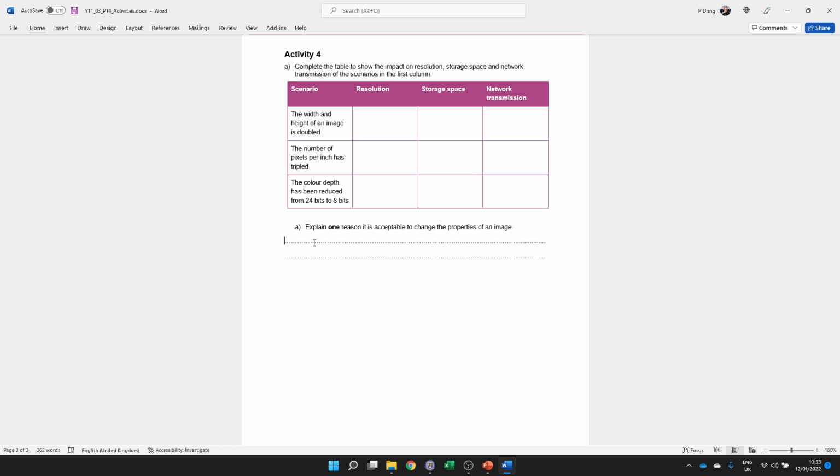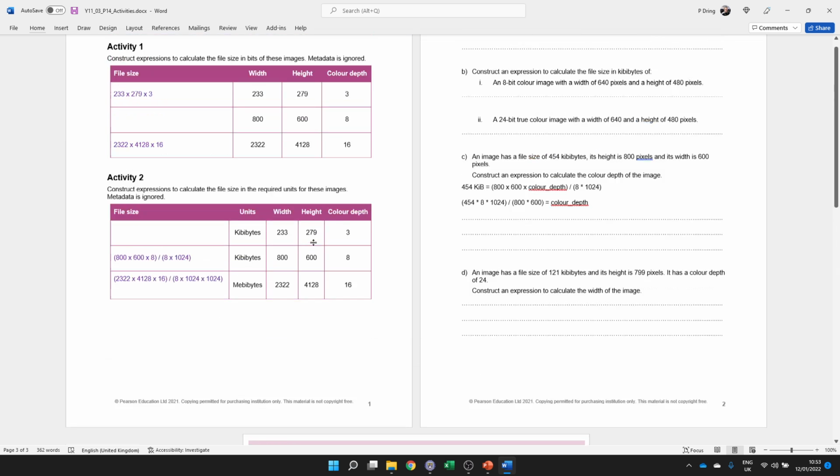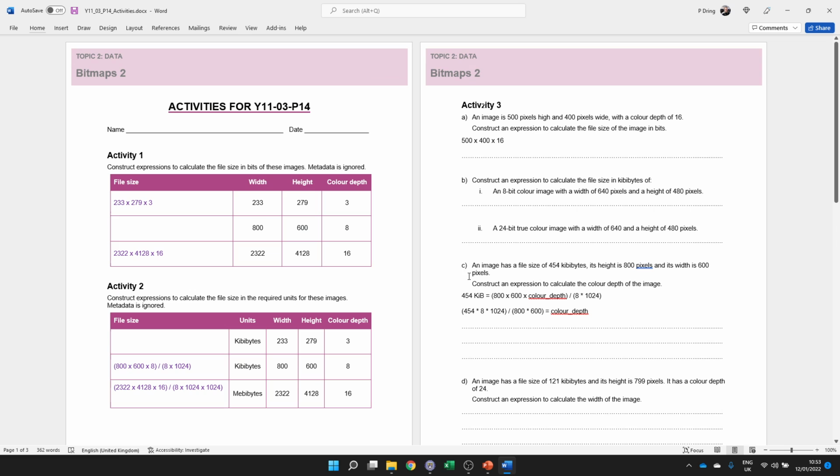The important thing from today's lesson is that you know this magic formula, which is the file size is the width times the height times the color depth in pixels divided by whatever you need to divide by to get into the required unit. So that's always dividing by 8 to go into bytes from bits, and then usually dividing by 1024 to get to kibibytes, and then by another 1024 if you need to go to mebibytes, and another 1024 if you need to get to gigabytes.